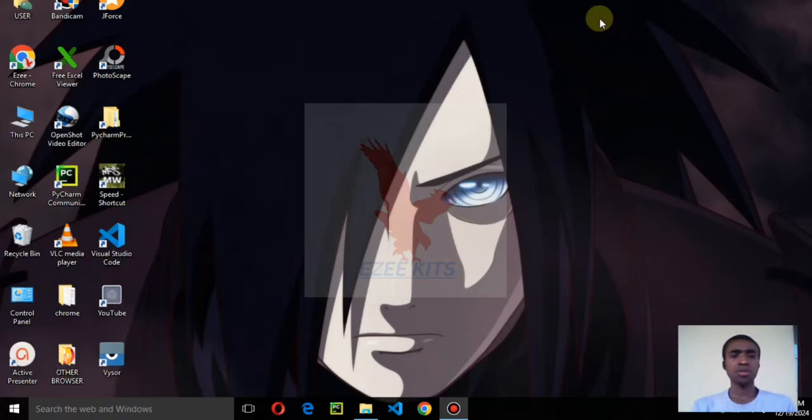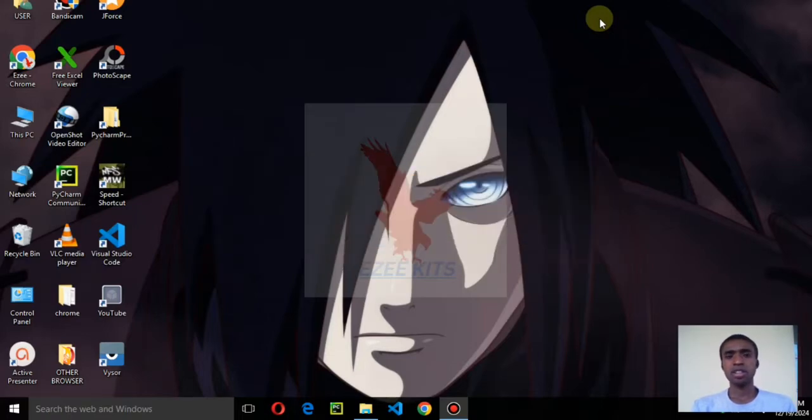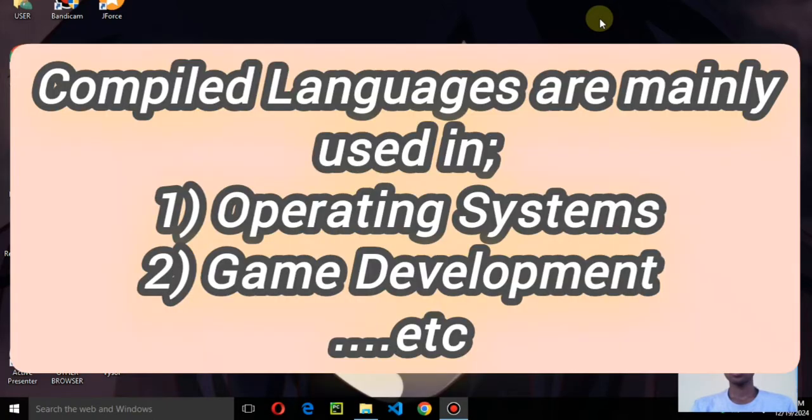There are examples of languages that use a compiler, like C or C++, and I think Go also uses a compiler, and there are a lot of other languages that use a compiler. One advantage of a compiler is speed. It's fast and efficient, and that's why compiled languages are mainly used for operating systems and for games because of how fast they are.